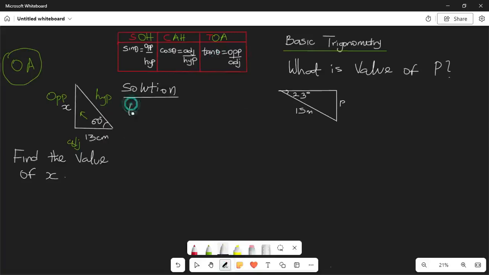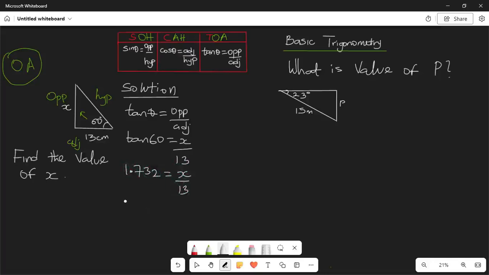So we have tan theta equals opposite over adjacent. Our theta is the angle, which is 60. Opposite is what we are looking for, x. Adjacent is 13. So tan 60 is going to give us 1.732, equals x over 13.